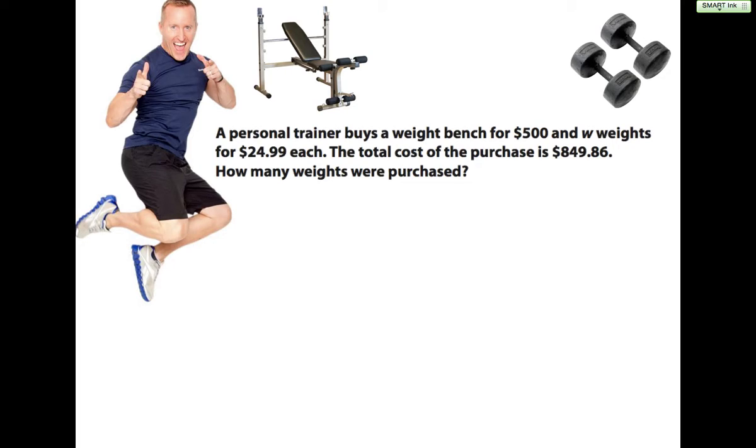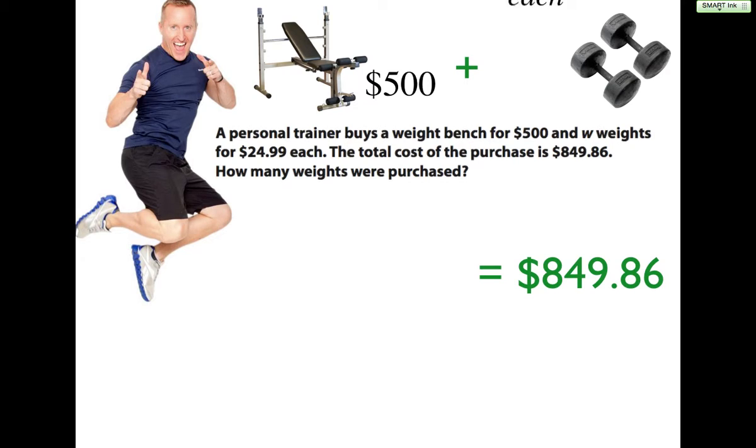If you take the price of the weight bench plus the price of the weights, it adds up to $849.86. We know the weight bench was $500, but we don't know how much he spent on weights or how many weights he bought. All we know is that each of them is $24.99.